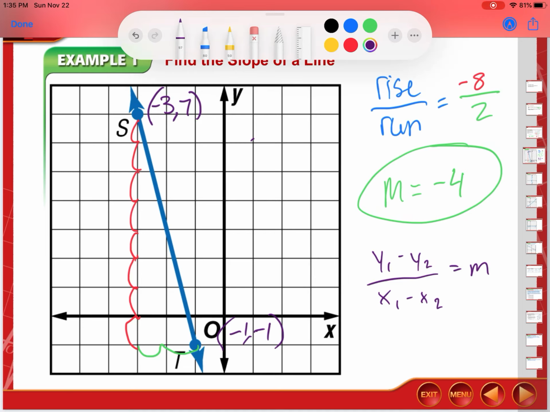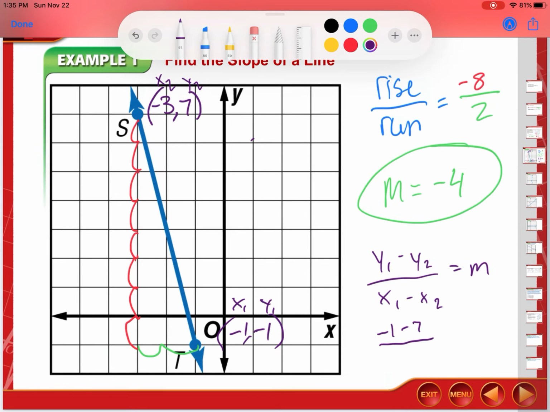So we could use those 2 points to calculate that. My -1s are going to be x1, y1, and then -3 is going to be my x2, 7 is going to be my y2.